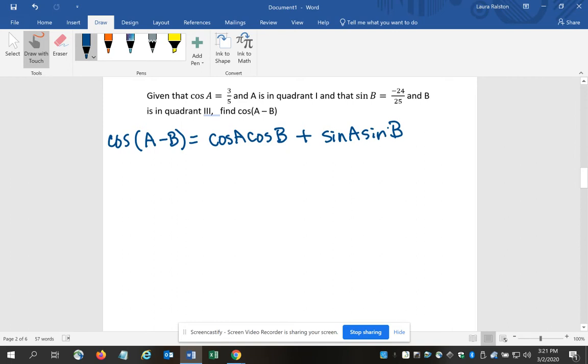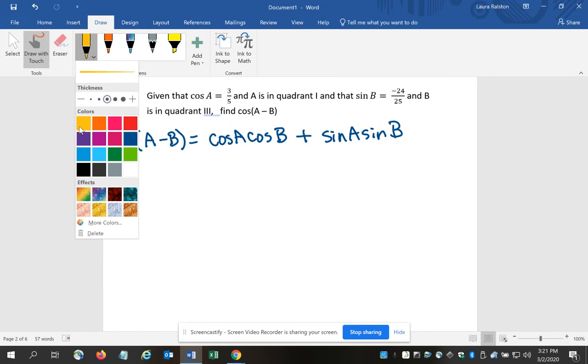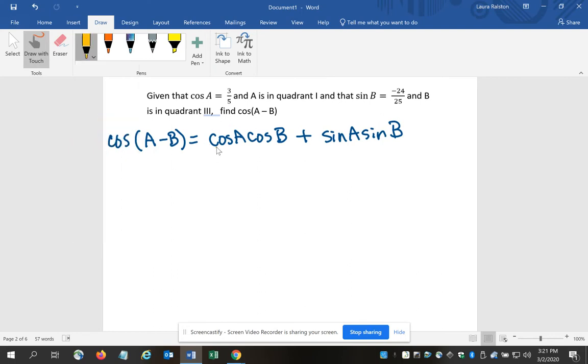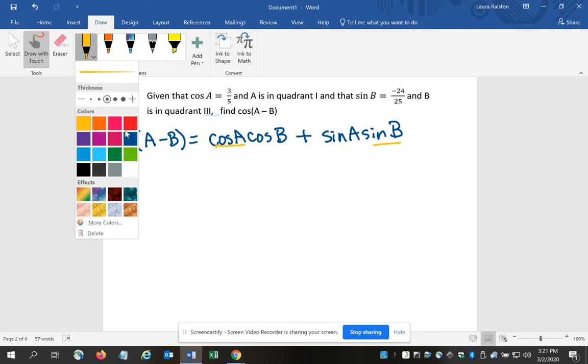Then, if I think about what pieces I already know, I was given cosine A and I was given sine B. So I need to find the sine of A and the cosine of B. And again, I could use my Pythagorean identity to do that.